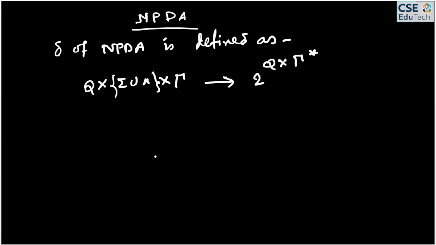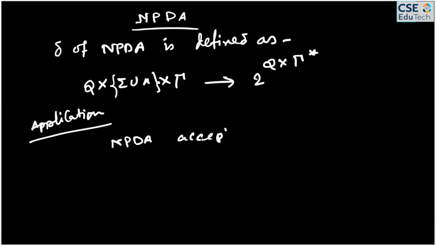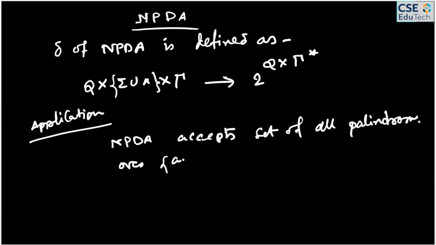Okay. So now the application: a non-deterministic pushdown automata accepts the set of all palindromes over, suppose, a b or 0 1, whatever it may be.